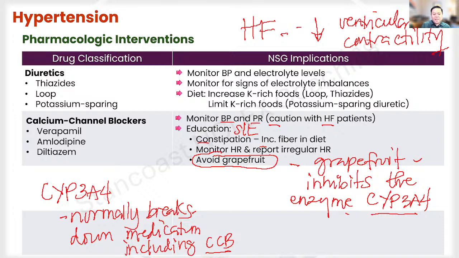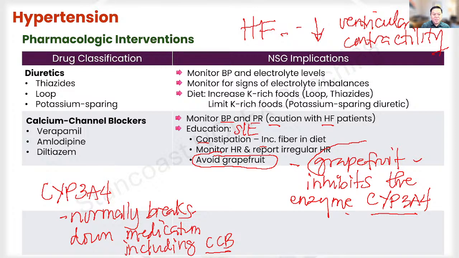Now, if the grapefruit is being taken by the patient, if they did not know that it's not supposed to be taken while they are under the pharmacological treatment of CCB, this will cause the elevation of the calcium channel blocker levels in the bloodstream.